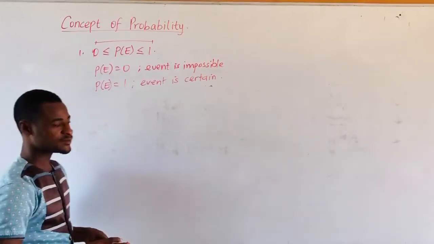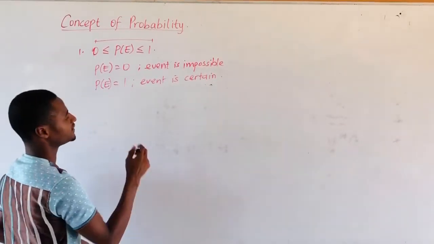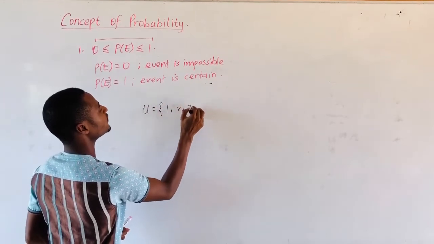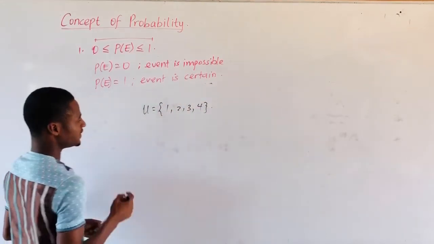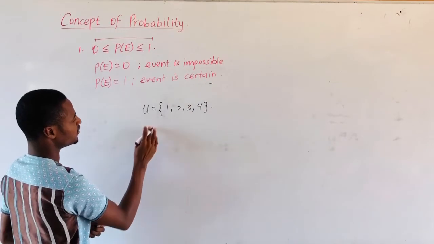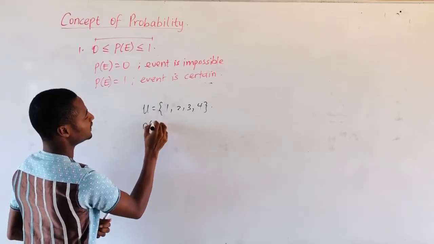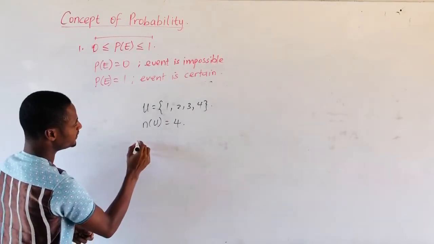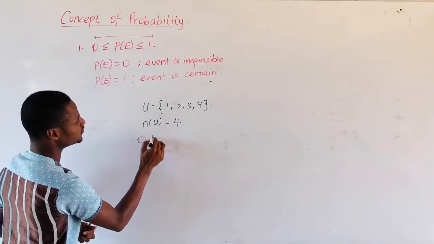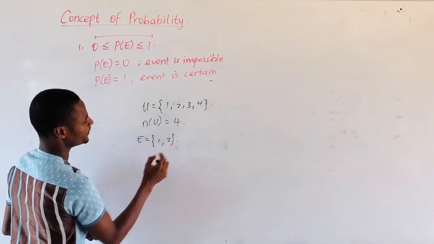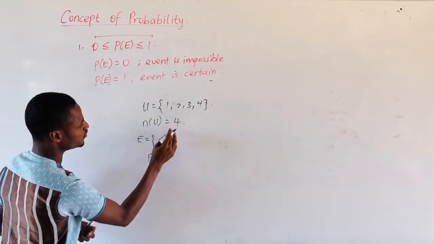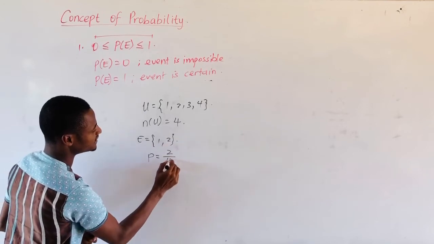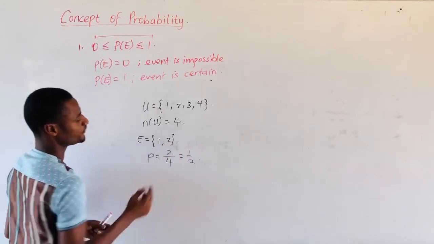Now let's take a small sample space to justify this. Let's take U equal to 1, 2, 3, 4. And then we want to find the probability of an event occurring. The number of elements in this sample space is 4. When we take an event E equal to 1 and 2, our probability will be equal to the number of elements here, which is 2, divided by the sample space, 4, which is 1 over 2.